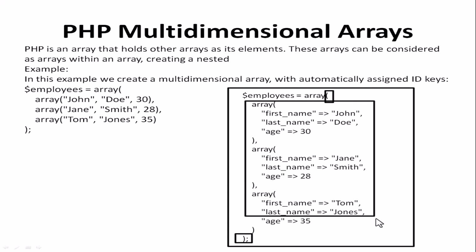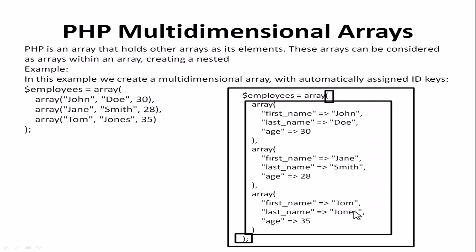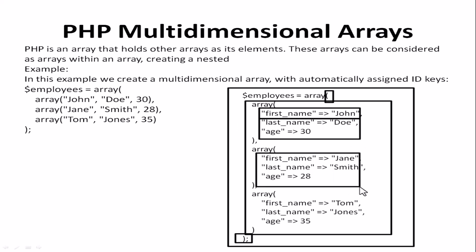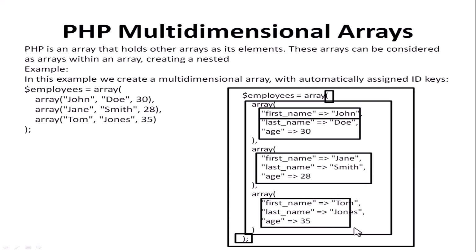Here we are going to create a first name John, last name Doe, and age 30. In a similar manner, here we are going to create a second array: first name Jane, last name Smith, and age 28. Similarly, first name Tom, last name Jones, and age 35.